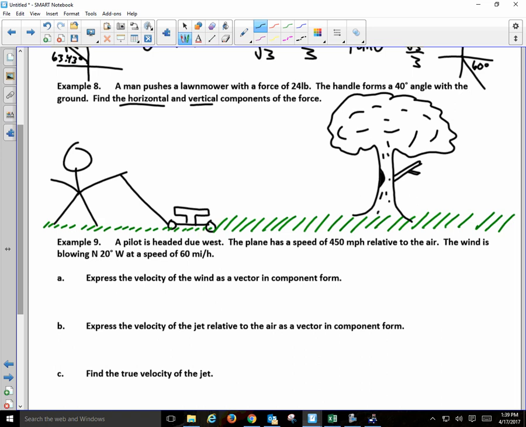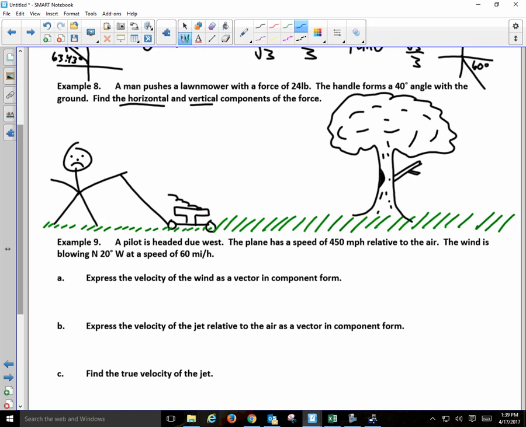Some bark. Mowing the lawn, he's sad. Didn't really change the oil on the lawnmower, so it's smoking. Poor guy. All right.